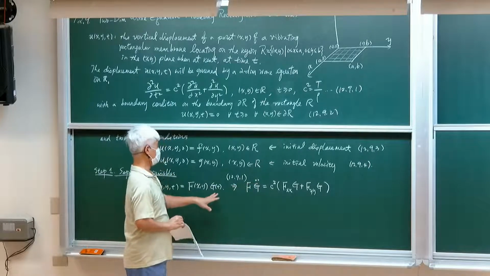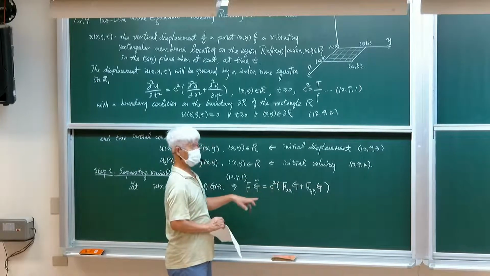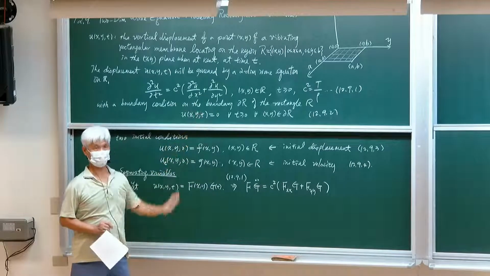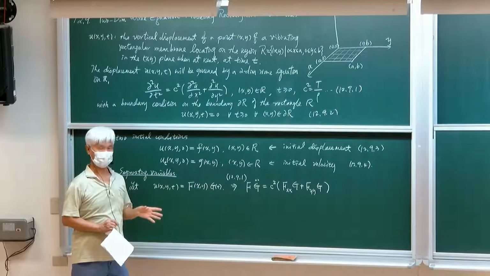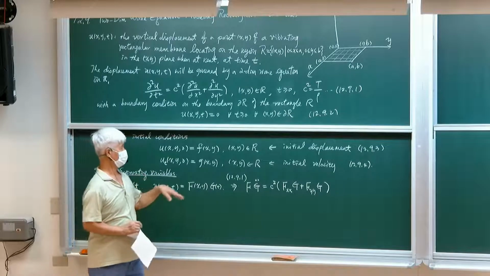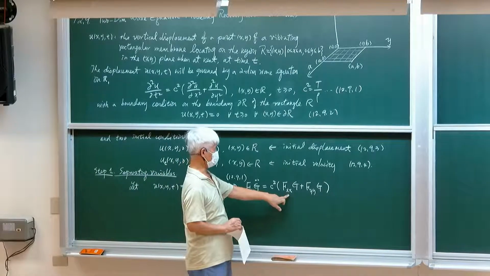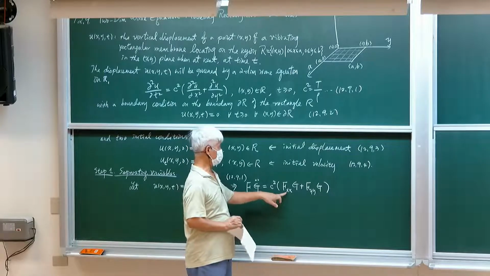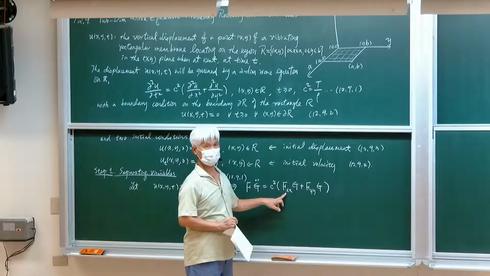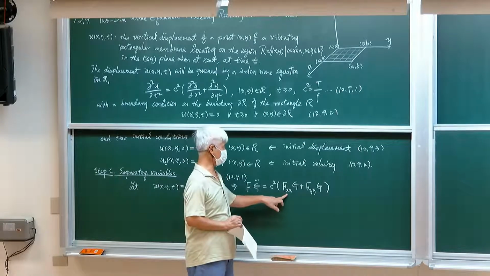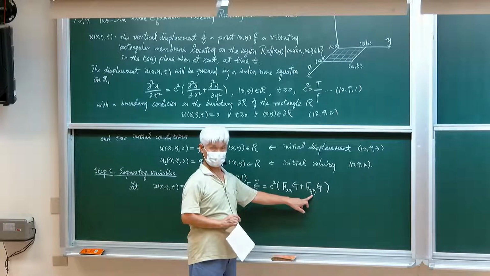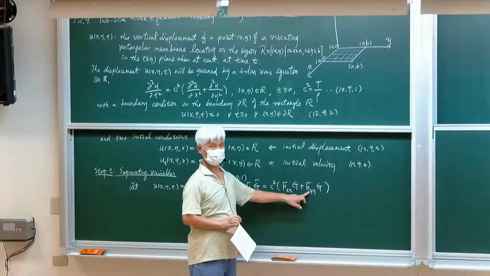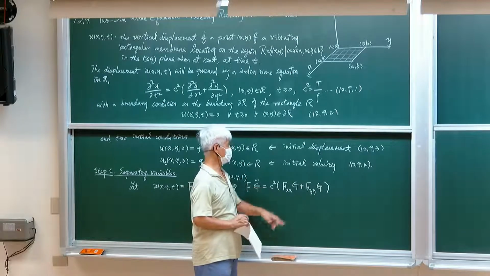Now the right-hand side is c squared times the sum of the second order partial derivatives with respect to x as well as with respect to y.